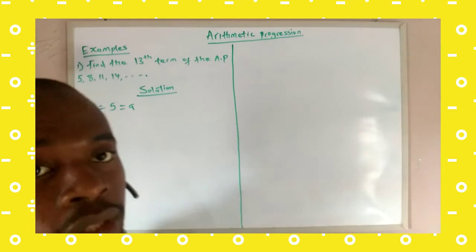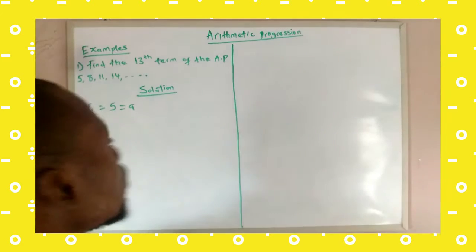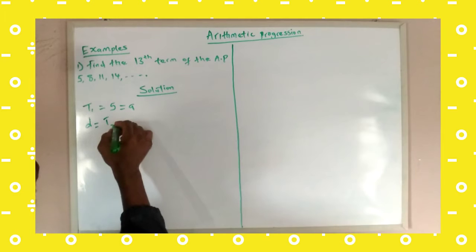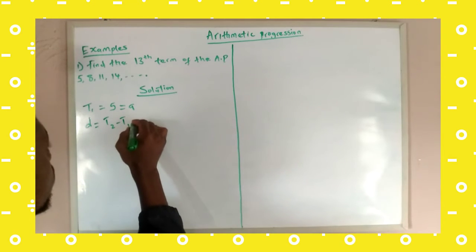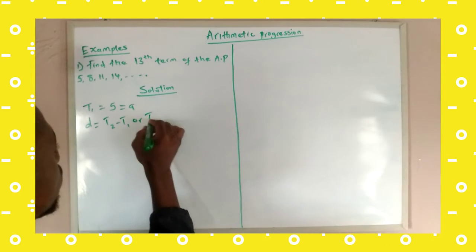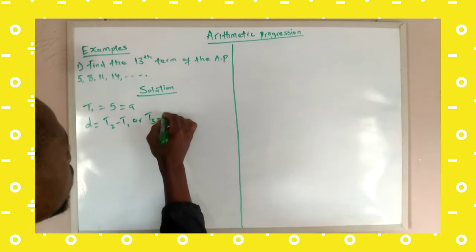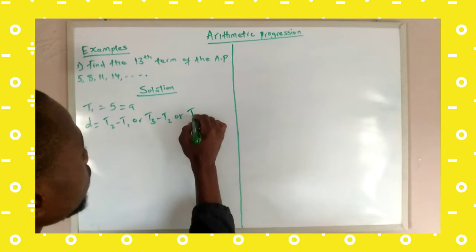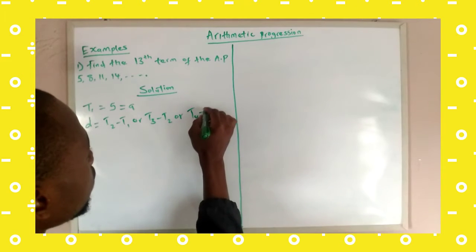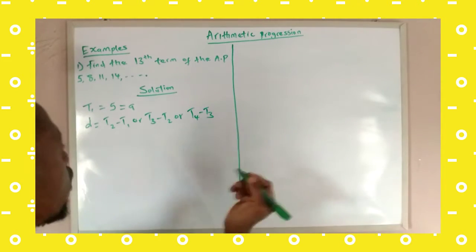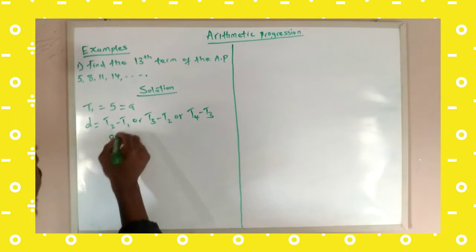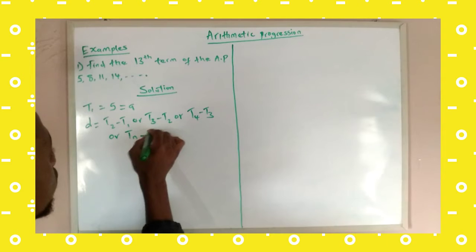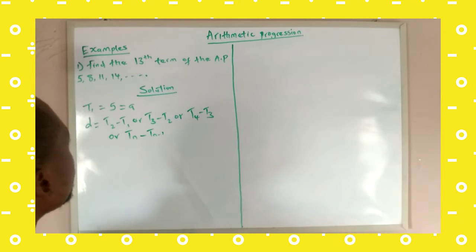To know our common difference, we know the common difference is given by T2 minus T1, or T3 minus T2, or T4 minus T3, or in general terms we write Tn minus Tn minus 1.